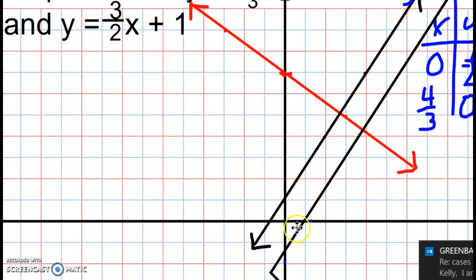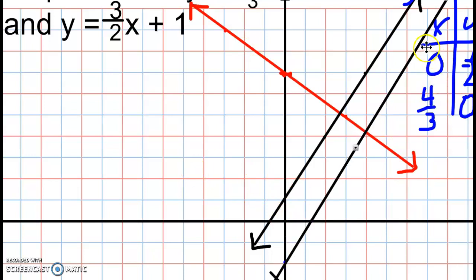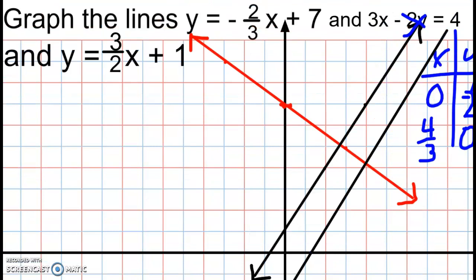What I wanted you to notice is we have some parallel and perpendicular lines here. Okay, if I would try to figure out the slope of this line, I know the slope of this line is -2/3. This red one, I know this slope is 3/2. This slope, I'm not sure.